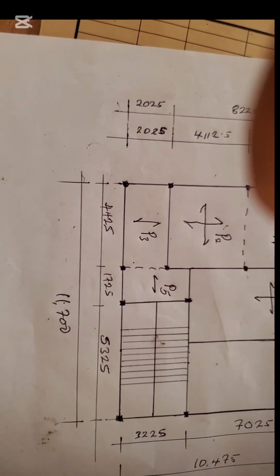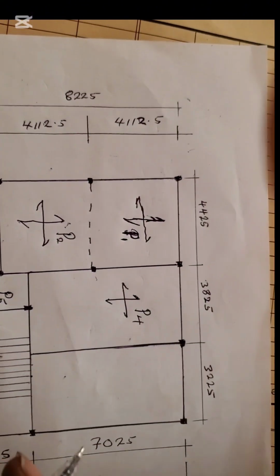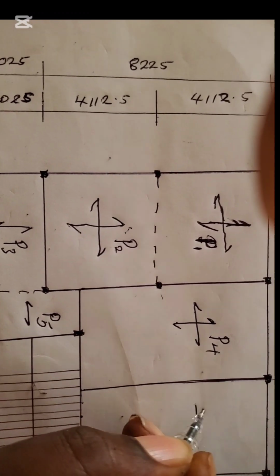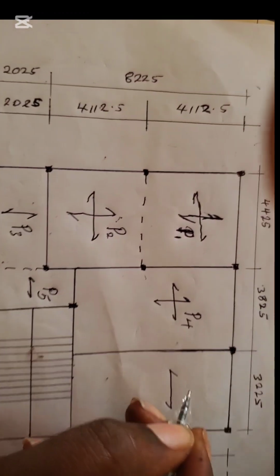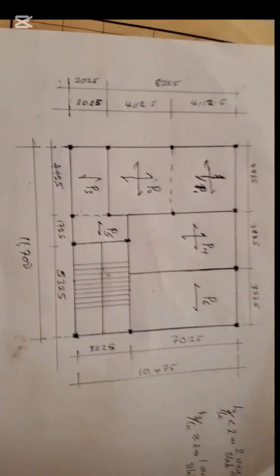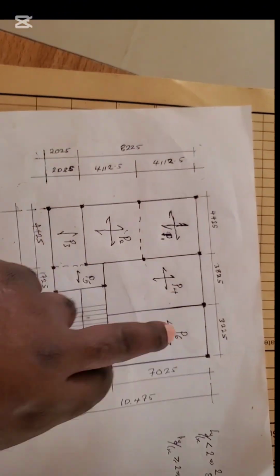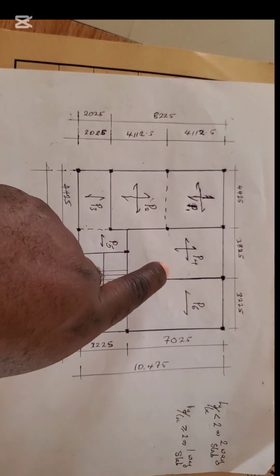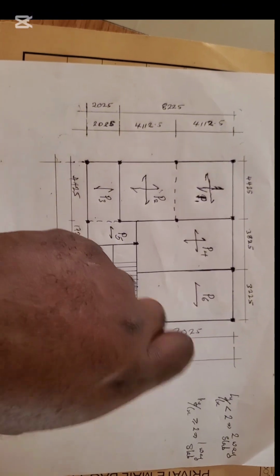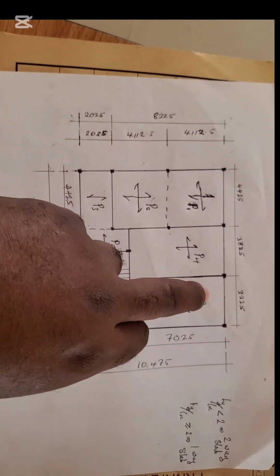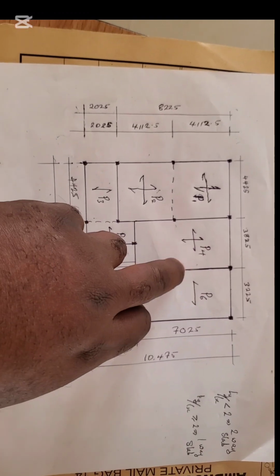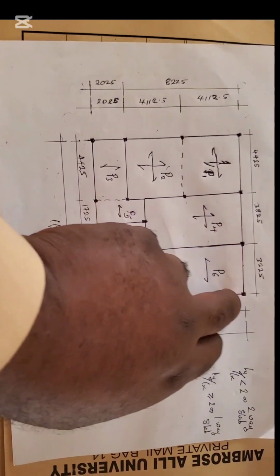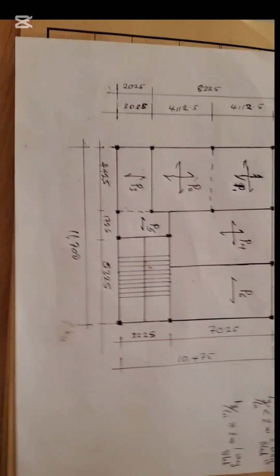Since Ly over Ls is greater than 2, we call this a one-way panel, and we call it panel 6. You can see this is the shorter span. Every panel that is one-way is represented like this along the shorter span, and this tells you that after the calculations, your main reinforcement bar is going to run through the shorter span. So that is that for the paneling.